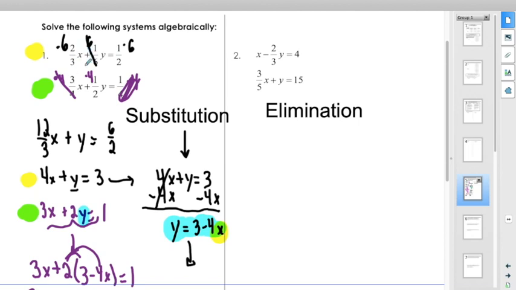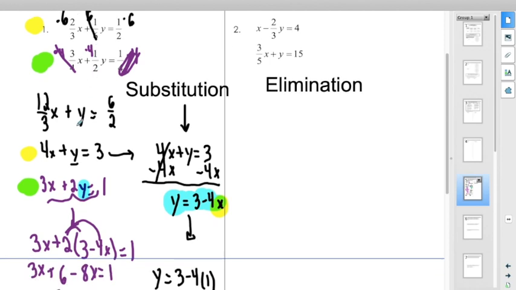Could I put it back into this ugly looking system? Yeah, I could, but I already took the time and the liberty to get it into this form, right? I went from this to this, and also I went from this equation to this equation. So I wouldn't want to put my x and y back into this whole thing unless I had a calculator handy.